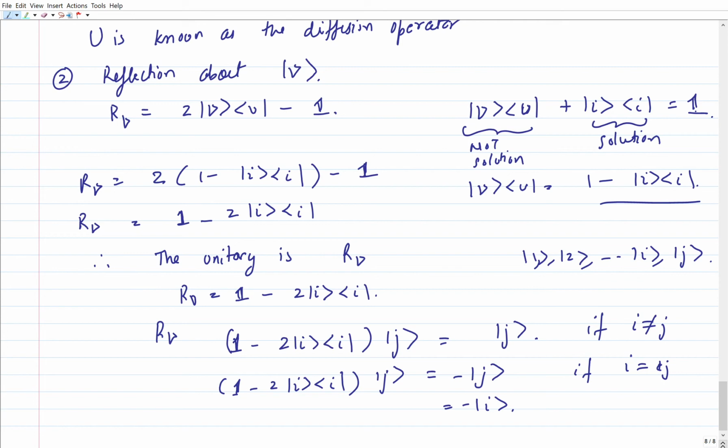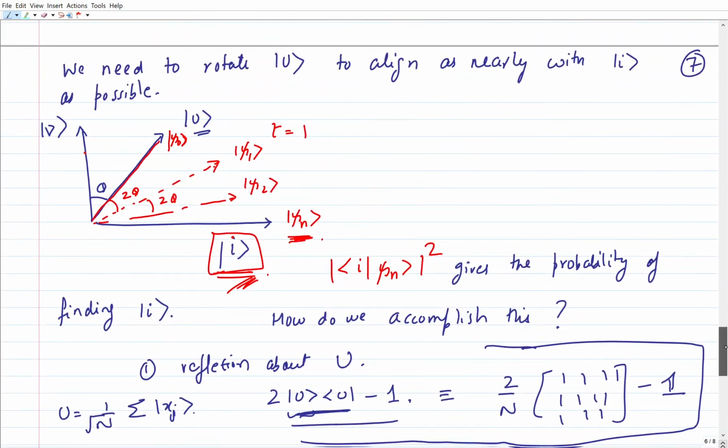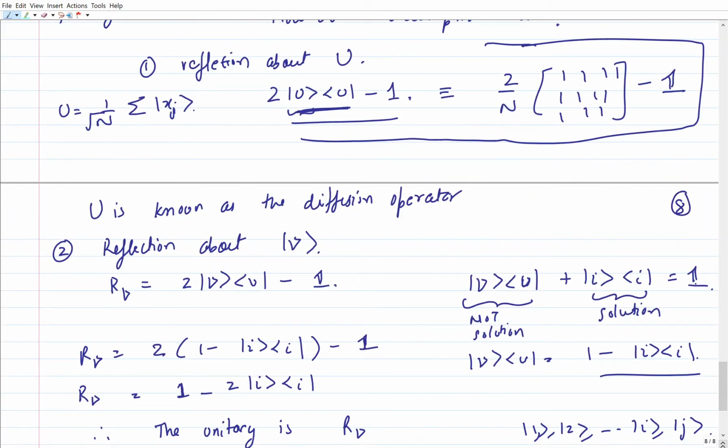So this is just to give you an example of how to implement this particular unitary.